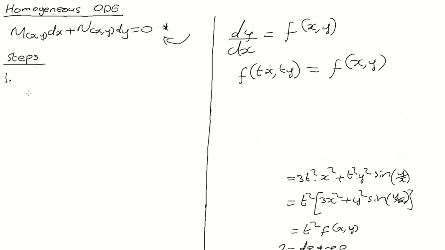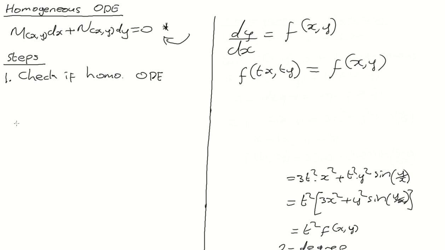Of the two methods, homogeneous and exact, you may be confused about which method to use, so it's best to do the test. So the test you have to do is to check if you have a homogeneous ODE. Check if homogeneous ODE. I think it's enough, we can understand it.